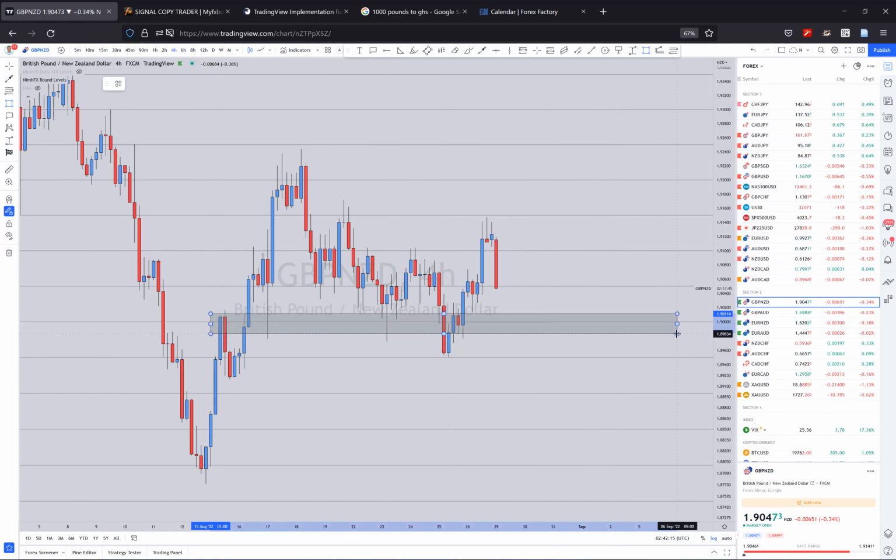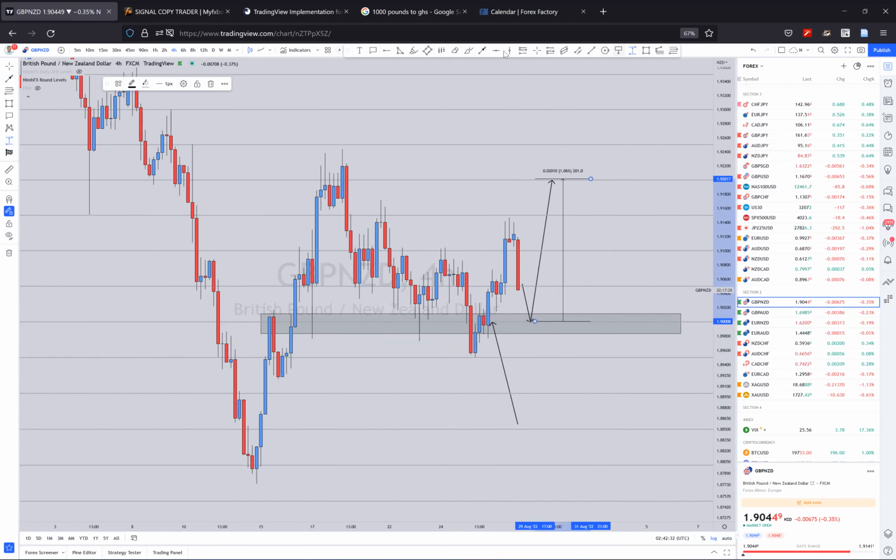This level here, and also that liquidity here on the H4. So a continuous push here to this level, and this is where we would start looking for a buying opportunity to the upside for about 200 pips. This is a good level to keep an eye on.